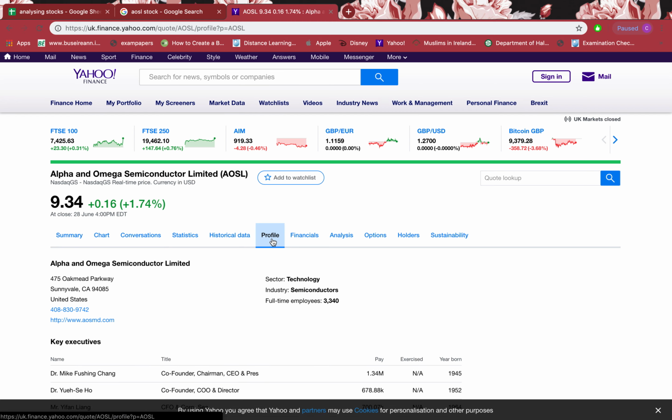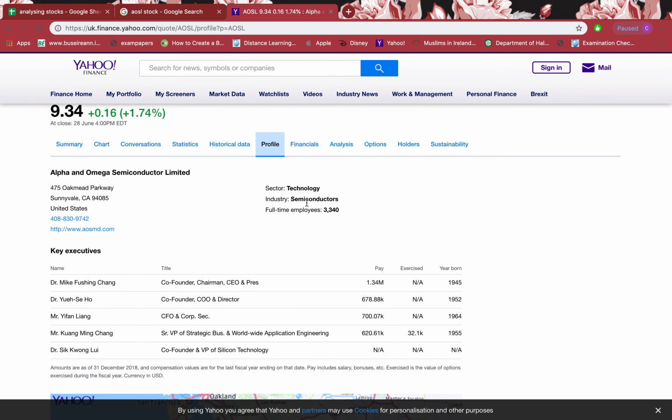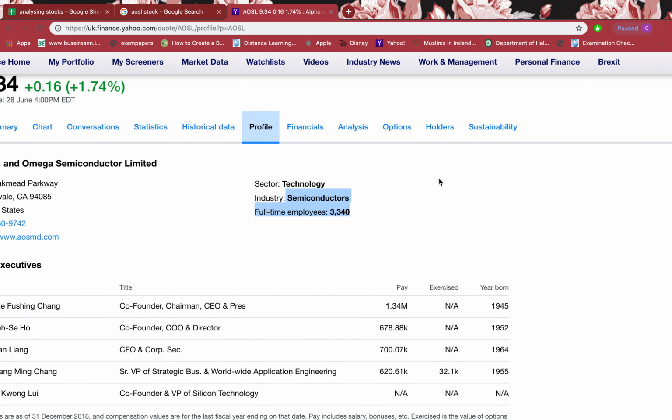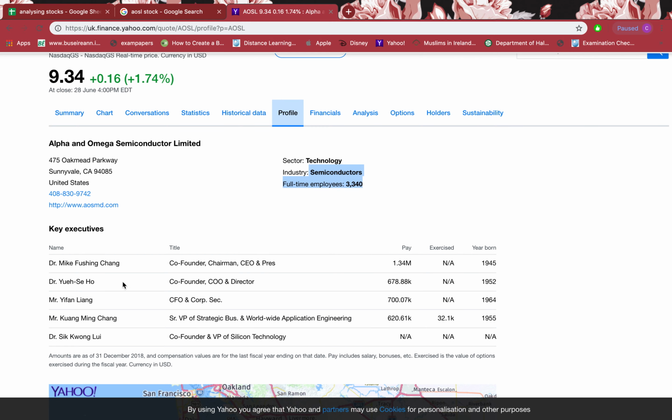Go to profile and you can see the sector, technology, industry, semiconductors, and the employees. And you can see that they have 5 key executives and their titles, and only one hasn't shown their pay, but the rest you can see. So the more transparent it is, the better, and that's really good.